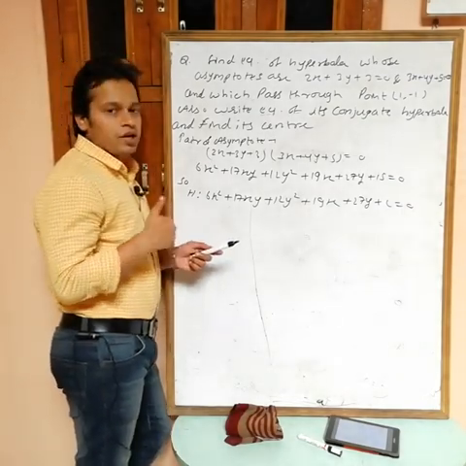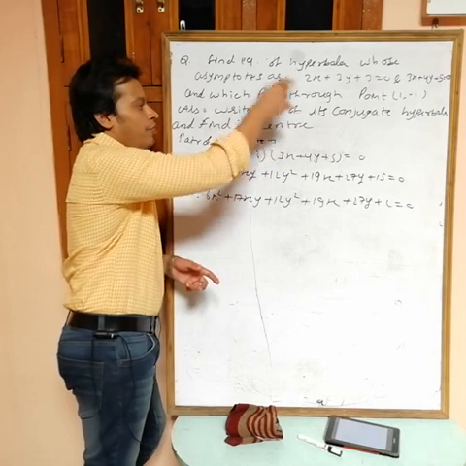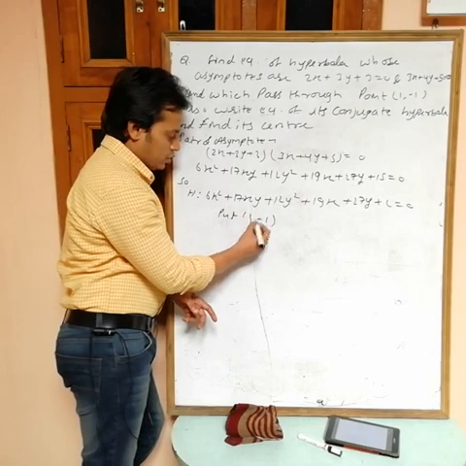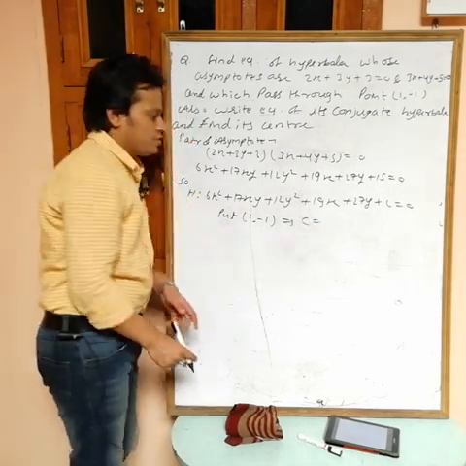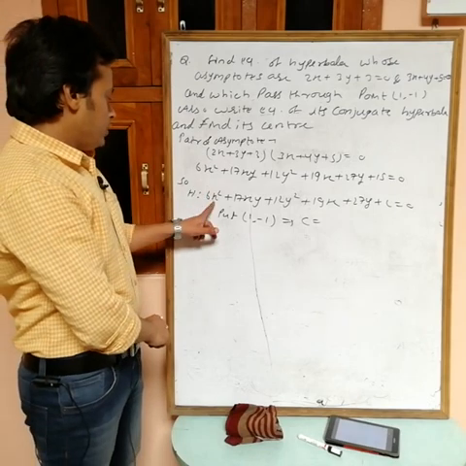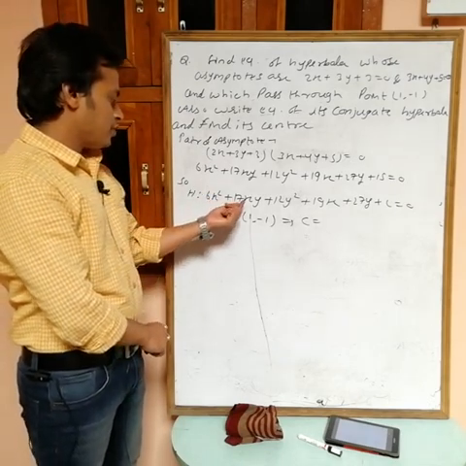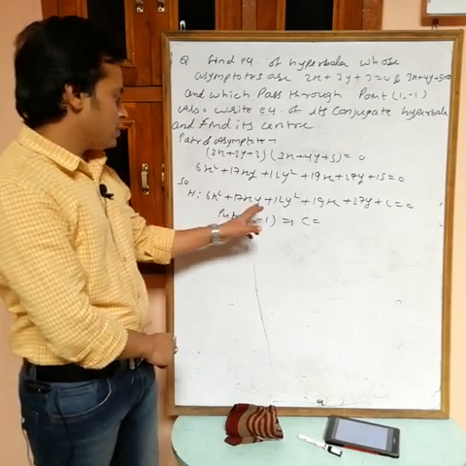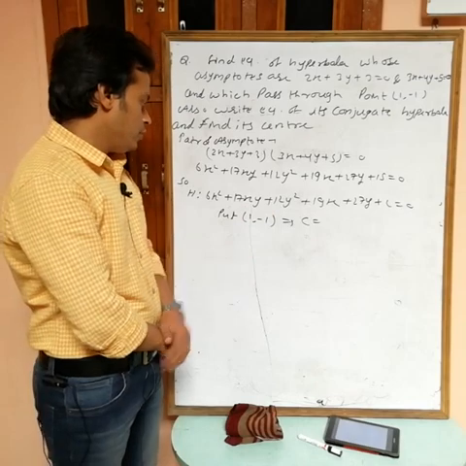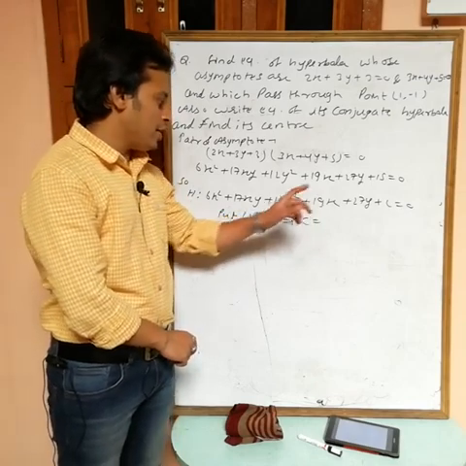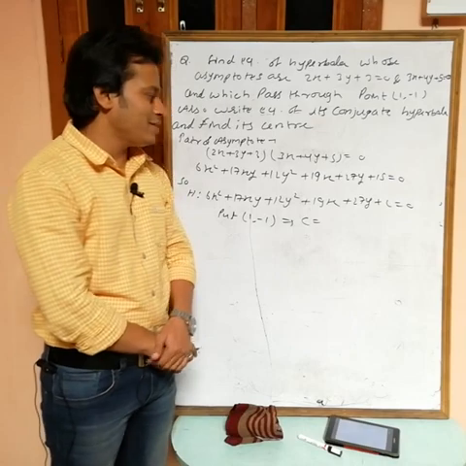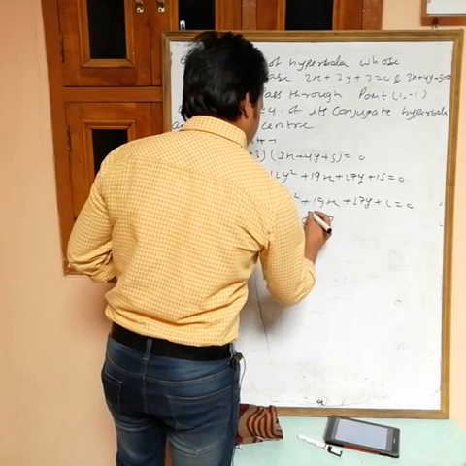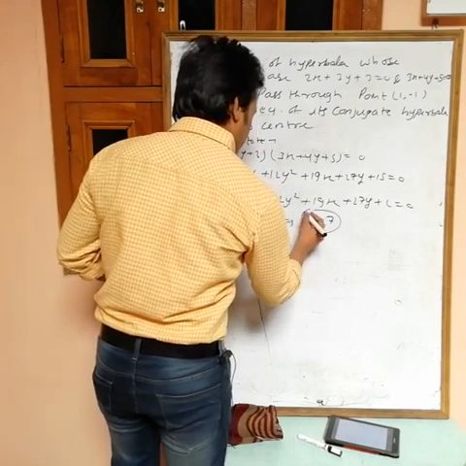Now to get c, we want one relation. It is given that the hyperbola passes through (1, -1). Put (1, -1) and you will get the value of c. 6 minus 17 plus 12 plus 19 is 20, 20 minus 27 is minus 7, so on this side you will get c equals 7.